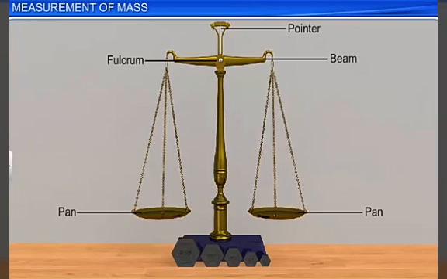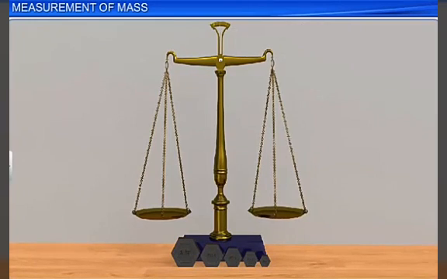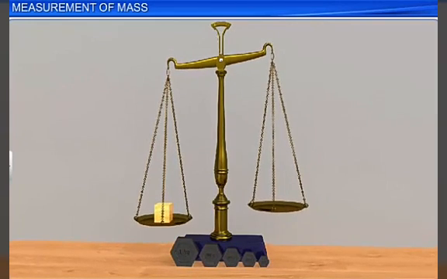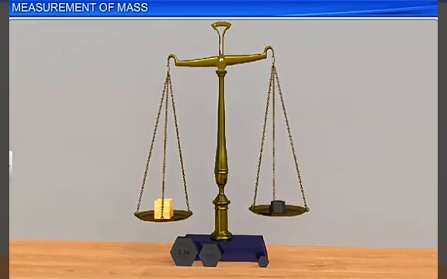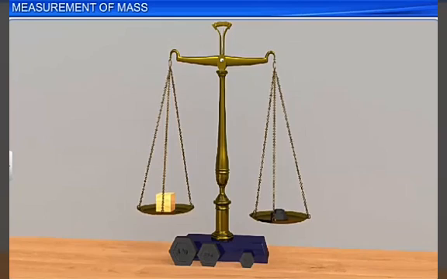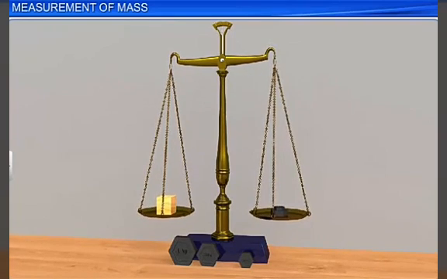The body whose mass is to be determined is placed in the left pan, and the standard masses are added to the right pan until the pointer comes to the center, and the beam remains horizontal. In such a situation, the sum of the standard masses gives the mass of the object.